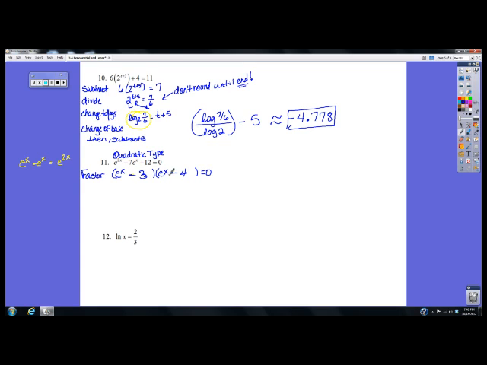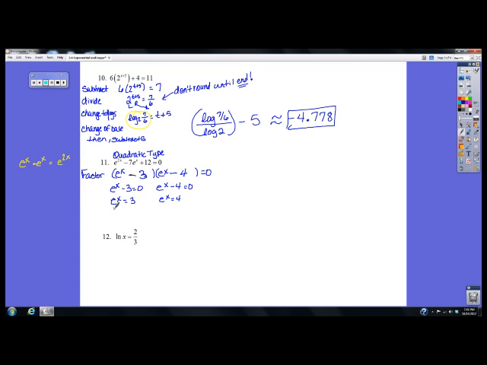So now we factored this and we just have two equations that we need to solve now. So I am going to have e to the x minus 3 equals 0 and e to the x minus 4 equals 0, and I need to go through here and solve both of these. So e to the x equals 3 and e to the x equals 4.